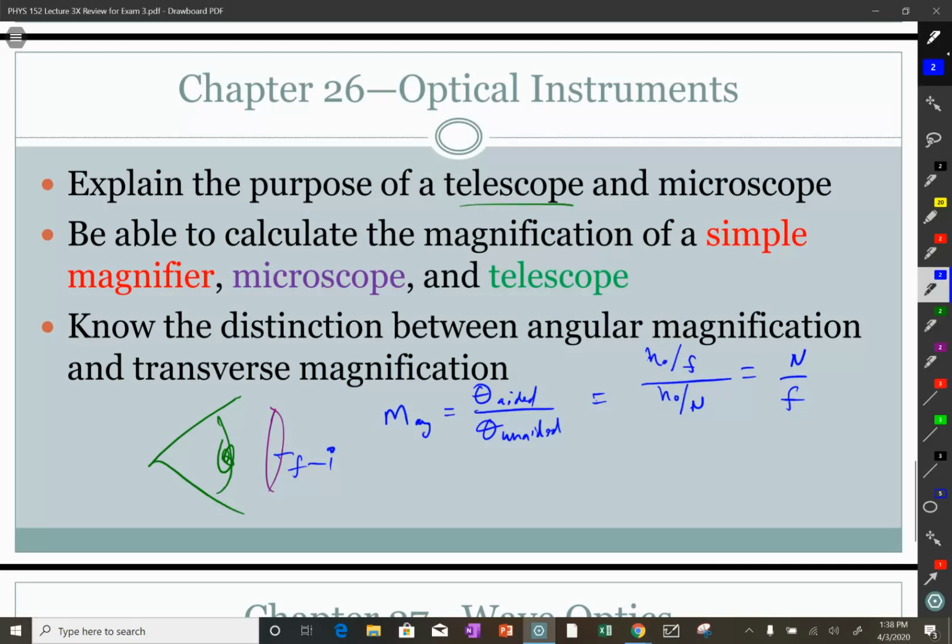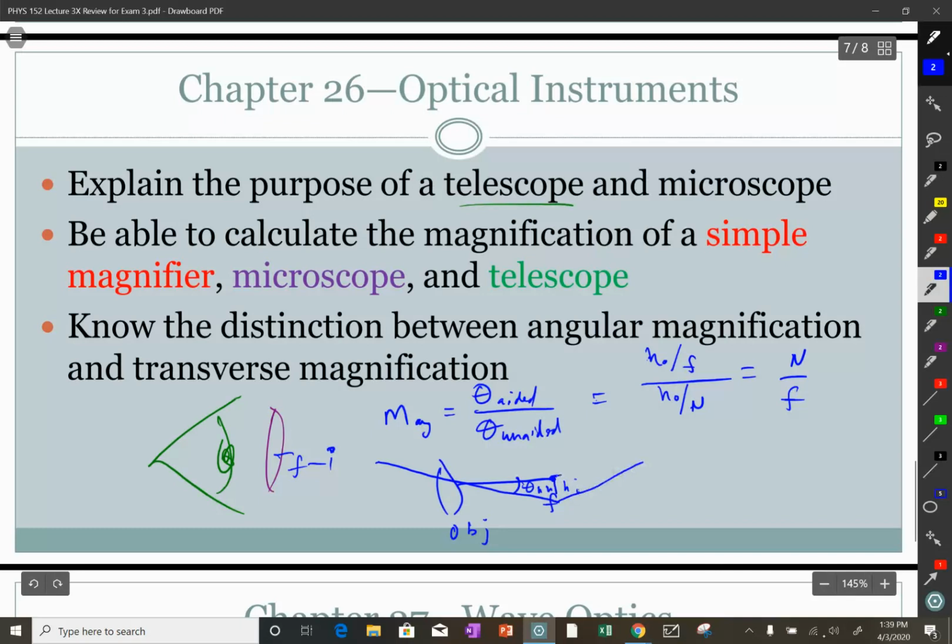You put your objective lens there, and it creates an image, and the magnification for the telescope turns out to be, if here's your objective, here's its focal point. If you have something infinitely far away, then this is the theta unaided, and this is the height of the image.